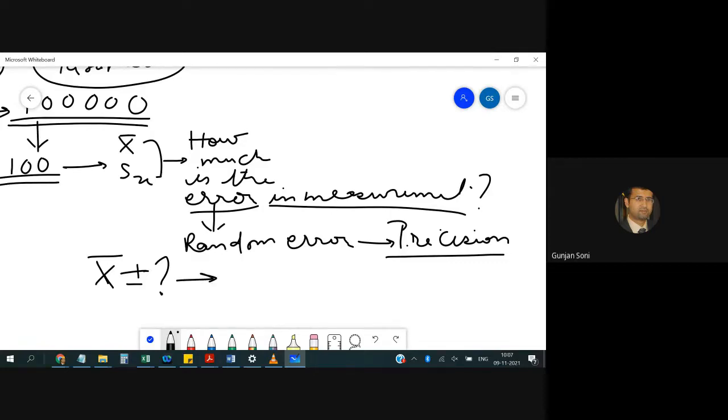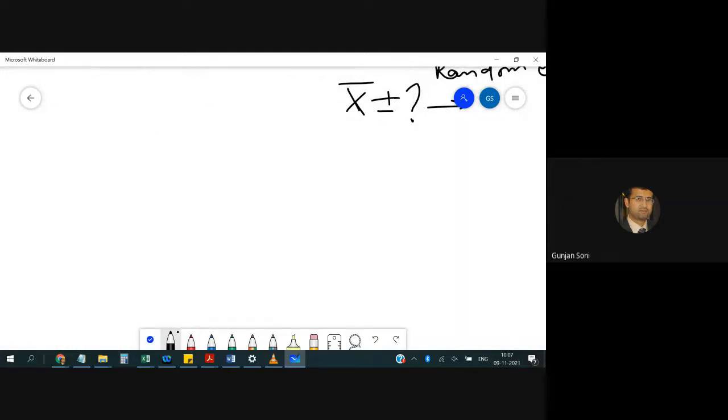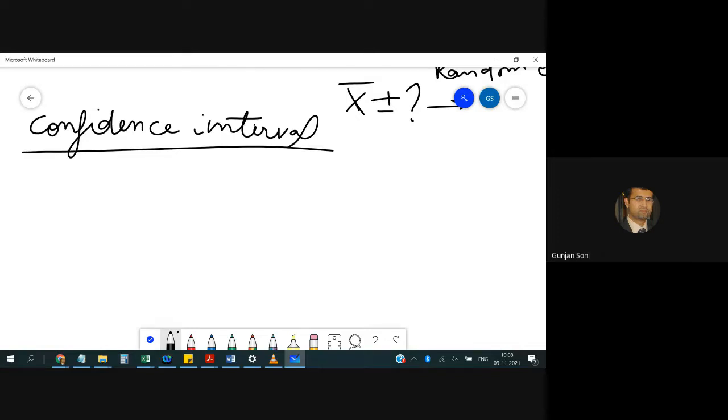And once I answer this question, I will have enough confidence about my instrument, whether I can trust my instrument or not, or to what degree can I trust the measurements which I'm taking. So there's a term called confidence interval.